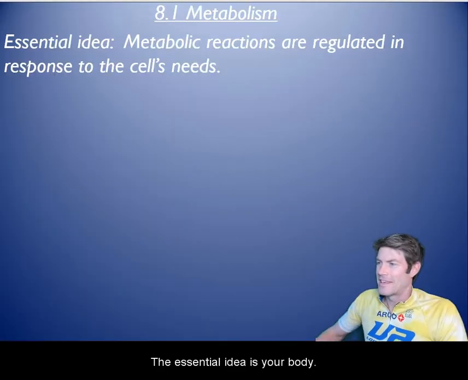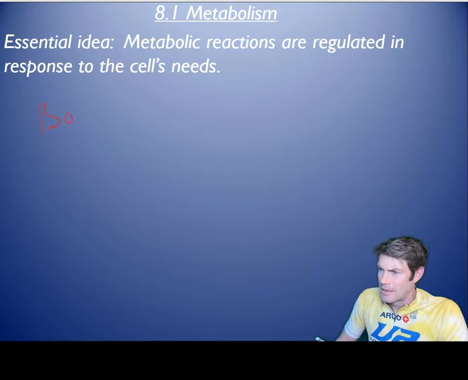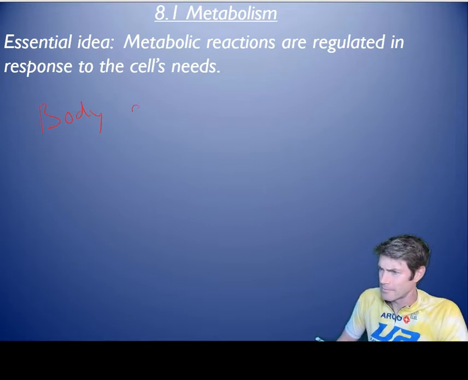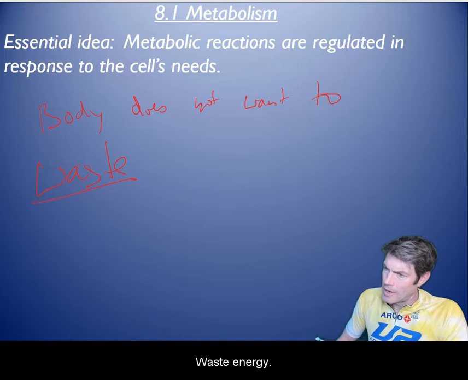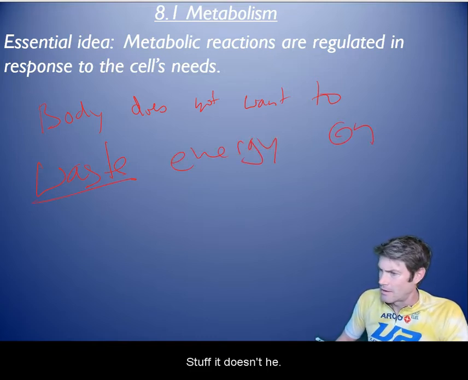So the essential idea is your body regulates all the reactions according to what your body needs. Your body does not want to make things that aren't necessary. Does not want to waste energy on stuff it doesn't need.